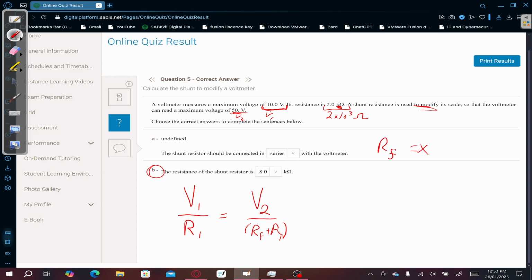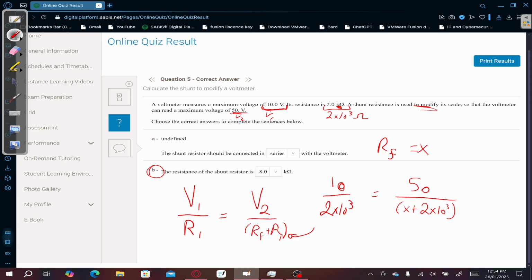RF is the one you want to find, so we're going to call it X. V1 is 10 over 2 times 10 to the power of 3, substituting my values, equals V2, which is 50, over the sum of these two: X plus R1, which is 2 times 10 to the power of 3.